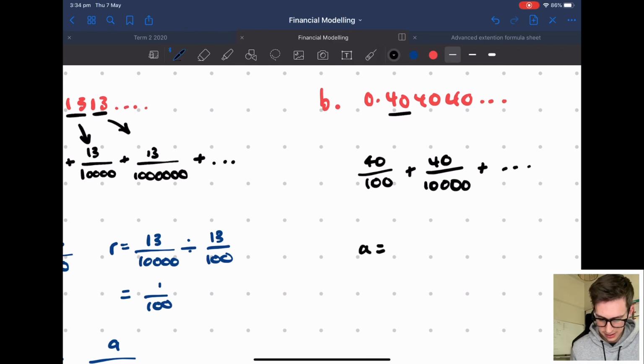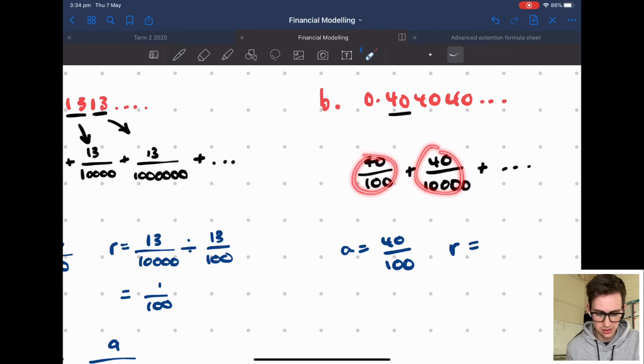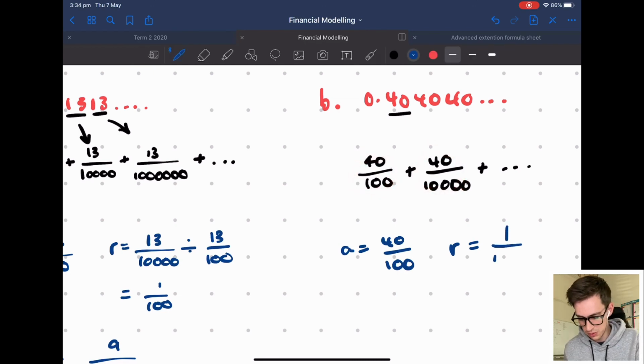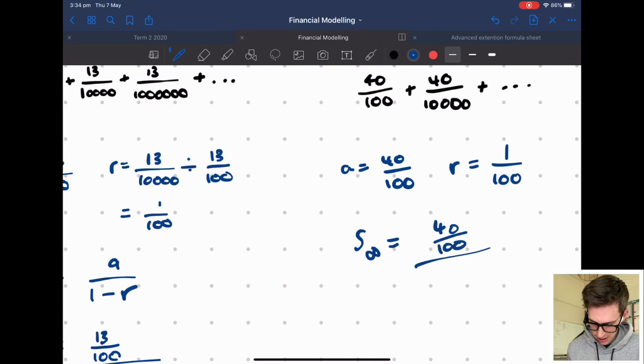My A is going to be the first term. You could simplify that if you want. That would be 4 over 10 or 2 over 5. And my R is going to be this term divided by this term. Again, you can see that I'm just multiplying it by 1 over 100. Then we put it into our formula, where we have 40 over 100 divided by 1 minus 1 over 100.